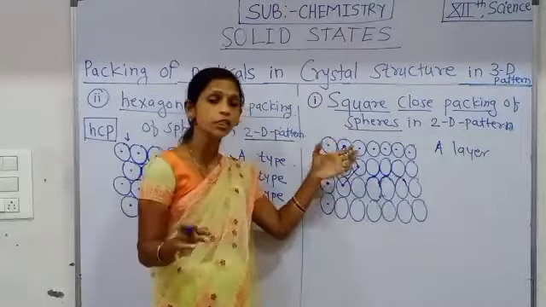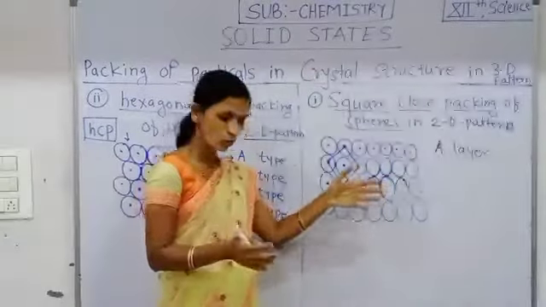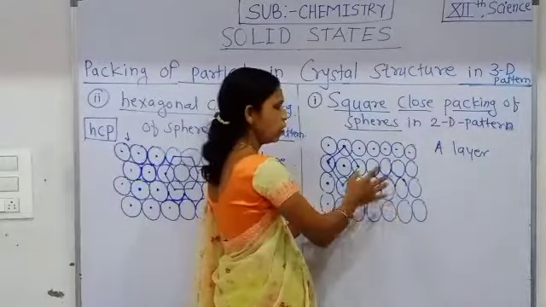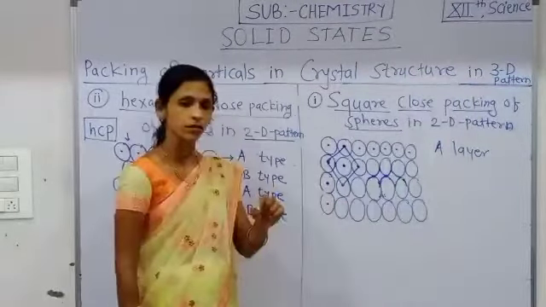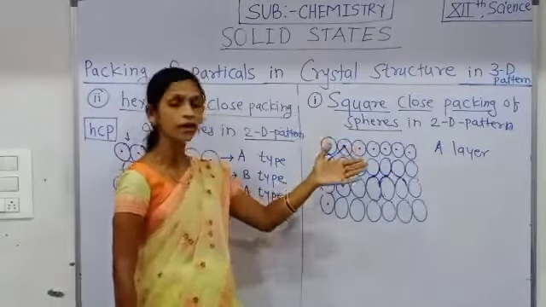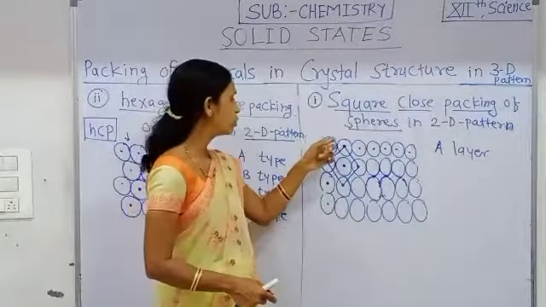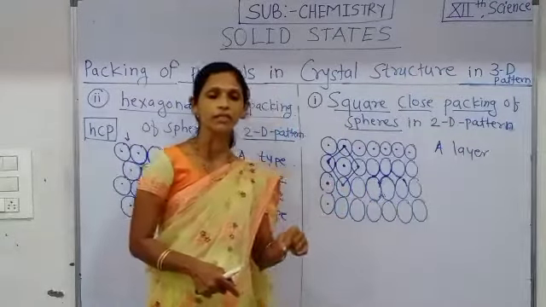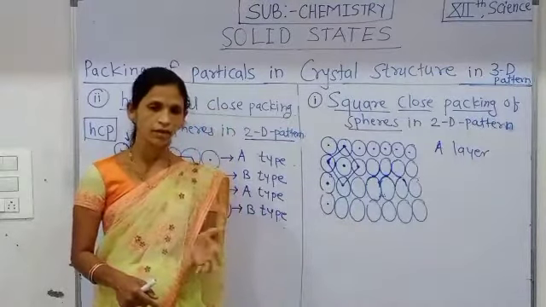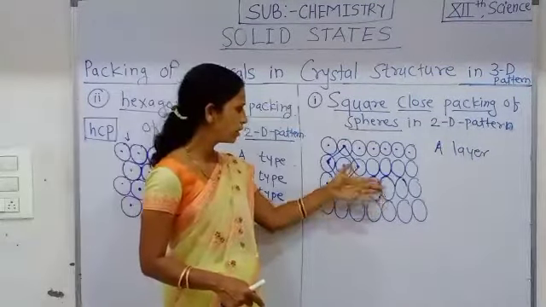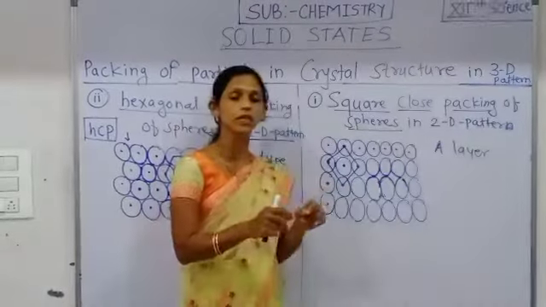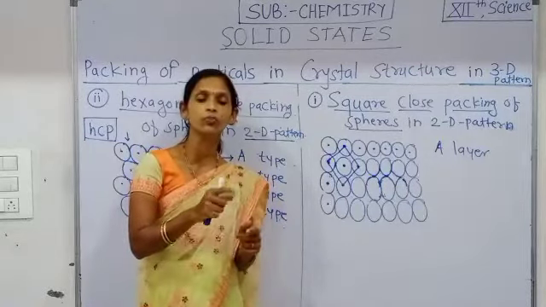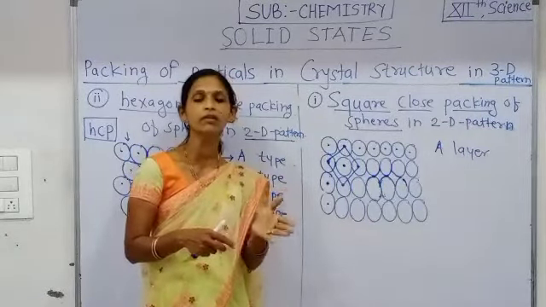We can also arrange the third layer on the second layer such that the spheres in the third layer also align to the spheres of the first and second layers, and the spheres in the fourth layer are also arranged such that they exactly align to the spheres of the first, second and third layers.